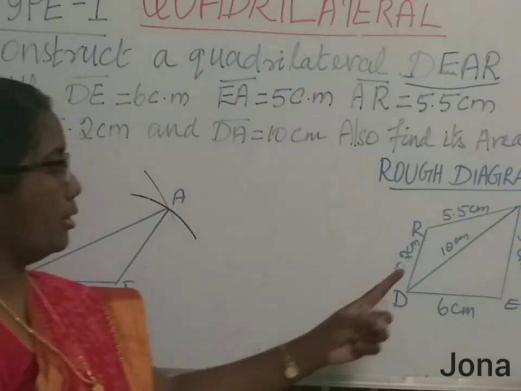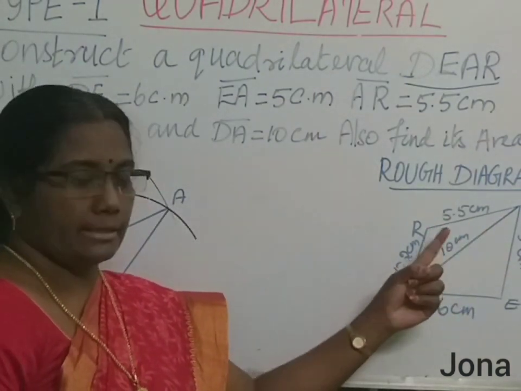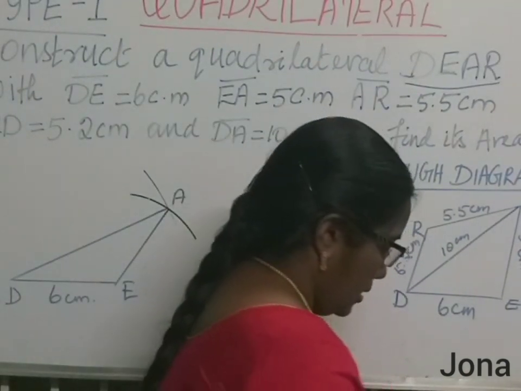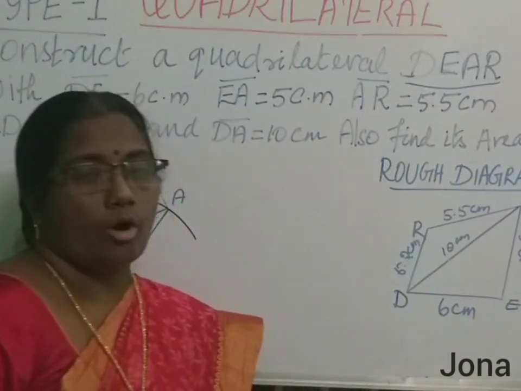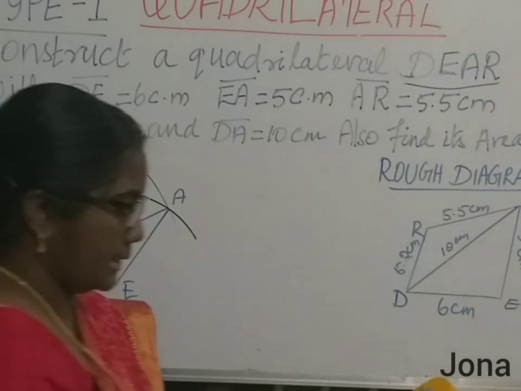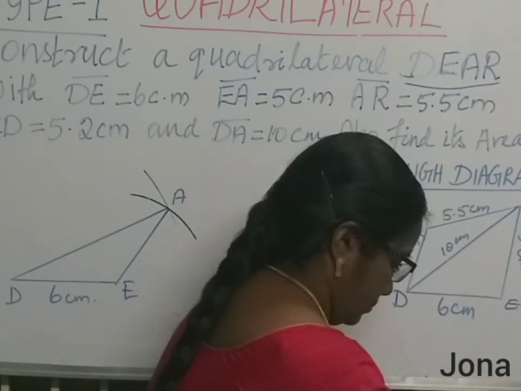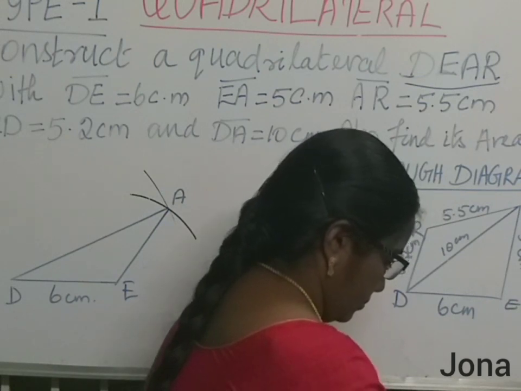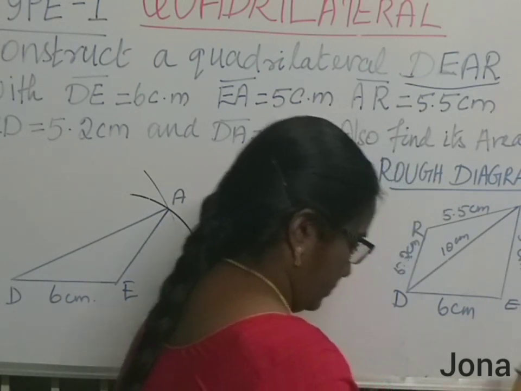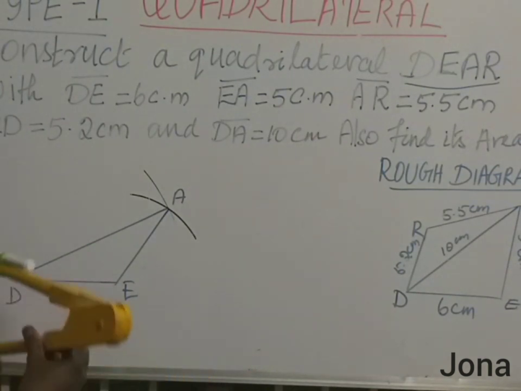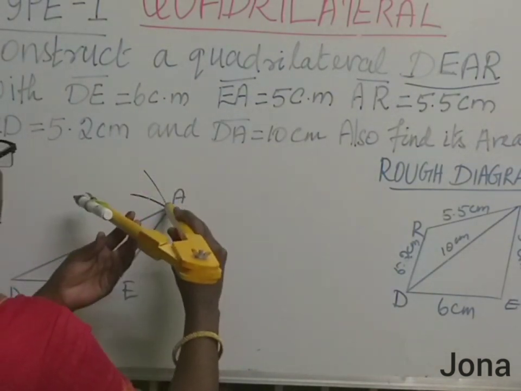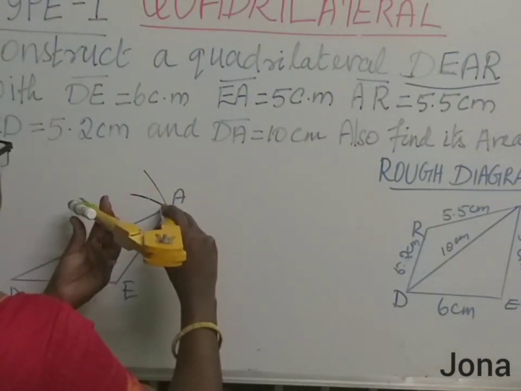Now again I want to take 5.5 centimeter with radius and draw an arc here. So now again in the compass I have to take 5.5 centimeter. So now I want to draw 5.5 centimeter here.